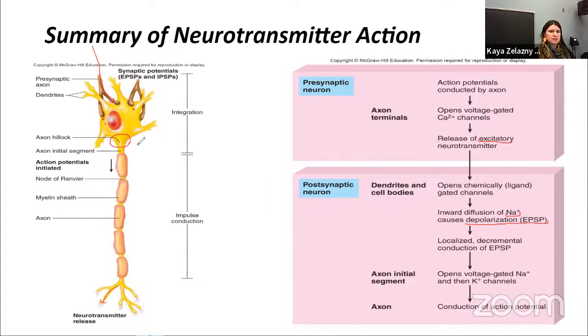If we do depolarize it to threshold, in that case, we are going to first open our voltage-gated sodium channels by opening up those activation gates. We're going to see our depolarization spike at positive 30 as sodium is rushing into the cell. We have a delayed response from both the inactivation gate of the sodium channels as well as those potassium channels.